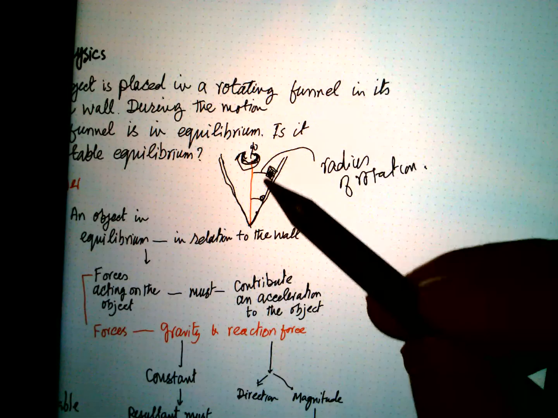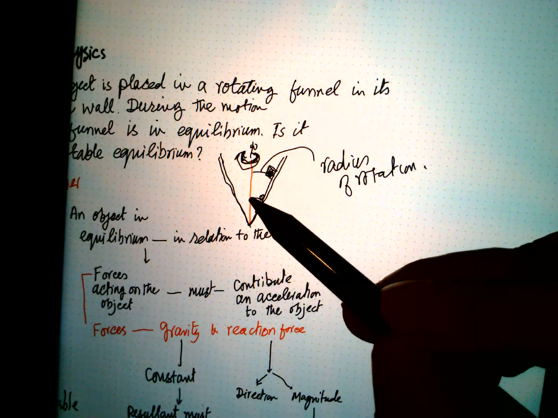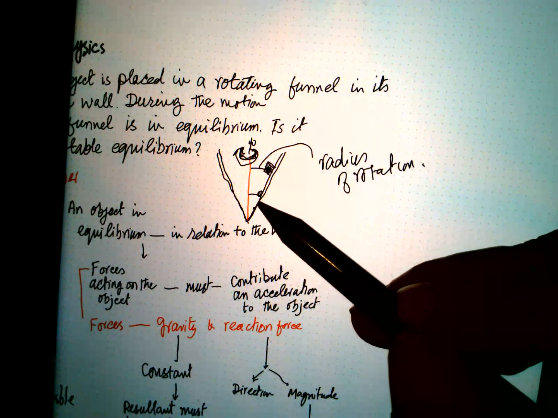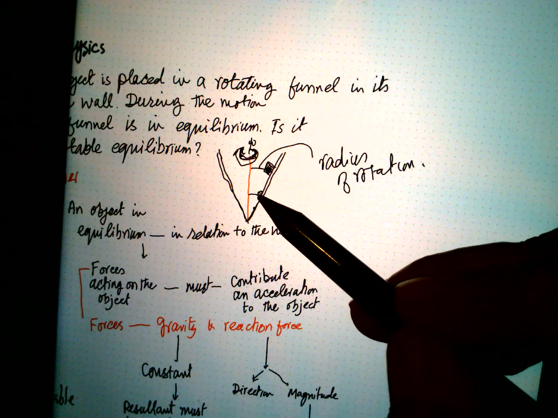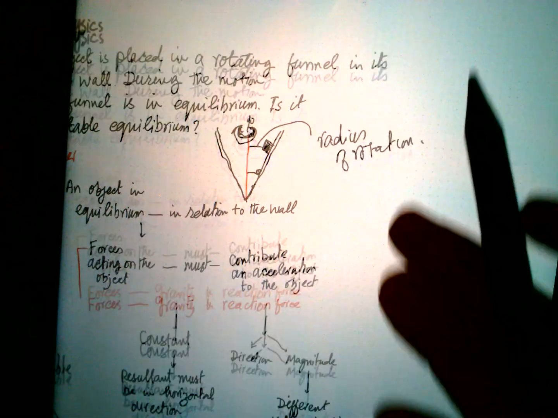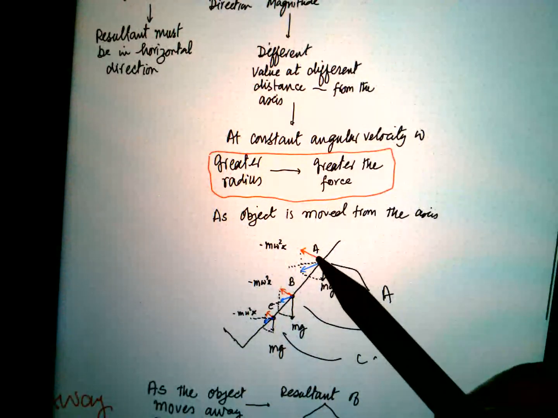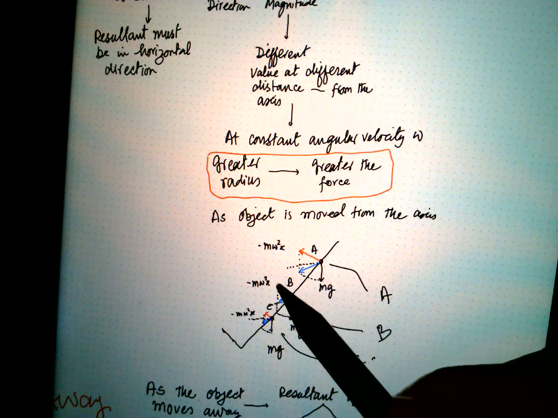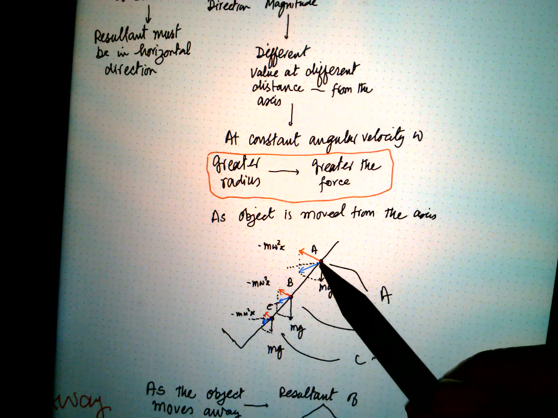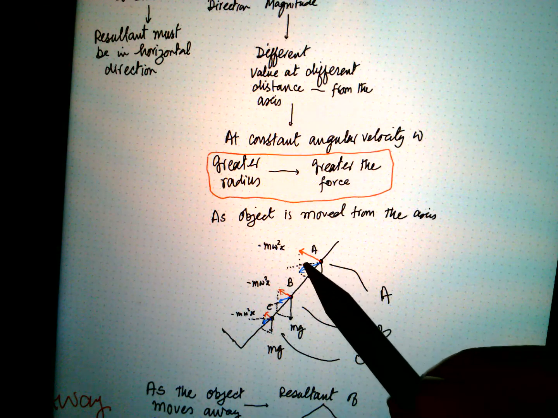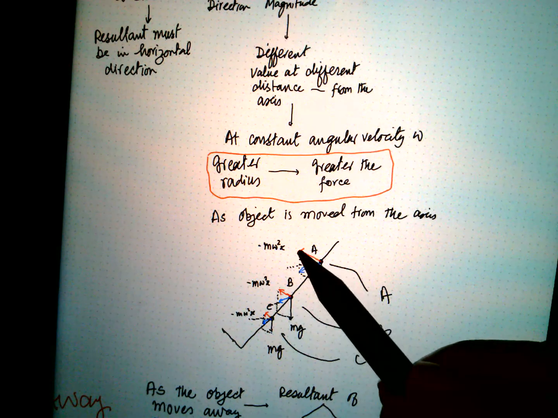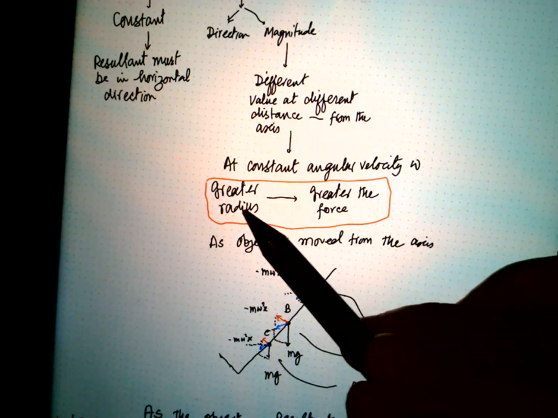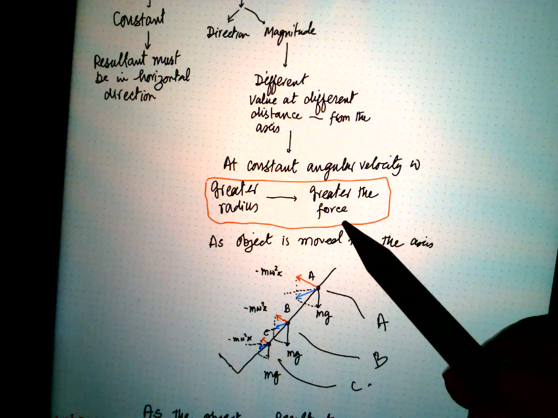At different points, such as A, B, C, there is a different radius of rotation. A is larger, and another is very small. So the greater the radius, the greater the force.